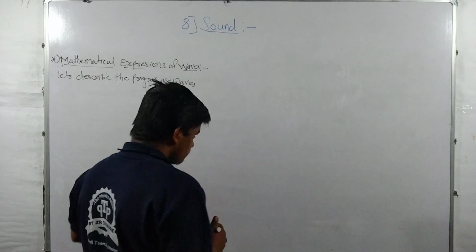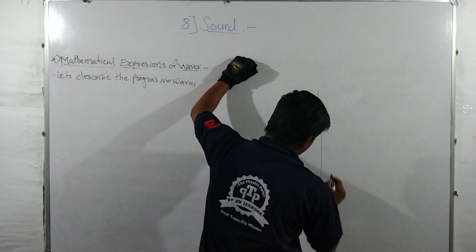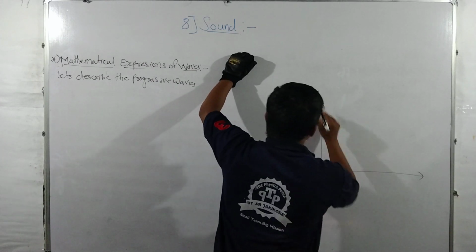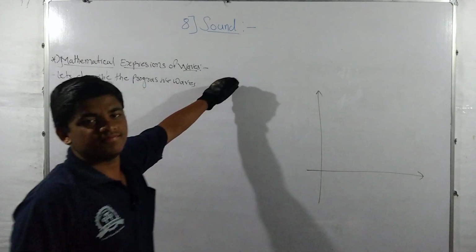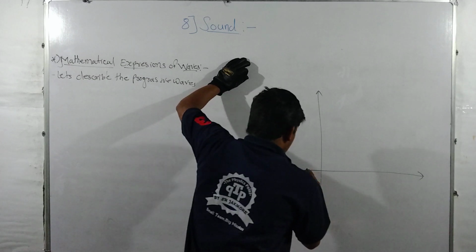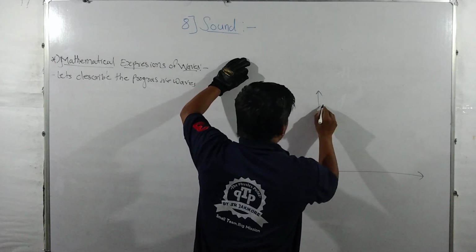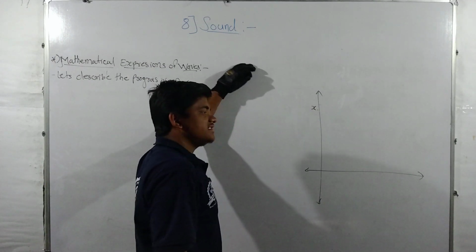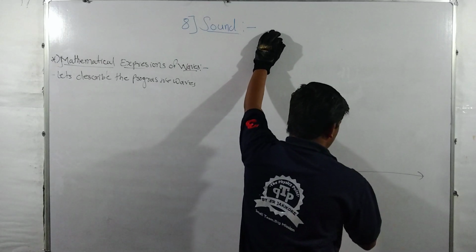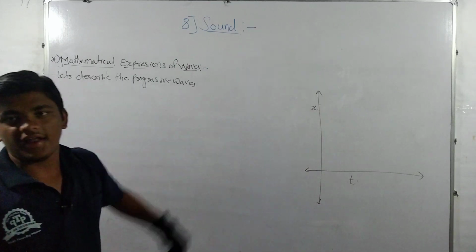Consider a graph where one axis is time and the other axis is displacement. On the y-axis we take the displacement, and on the horizontal axis we take t for time.